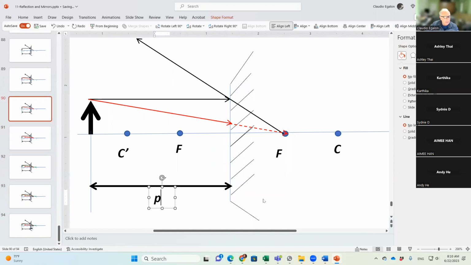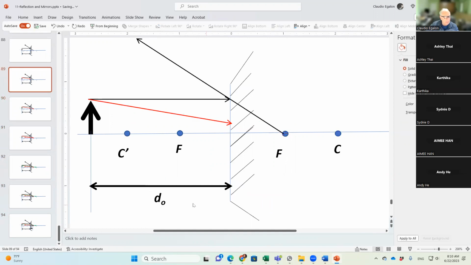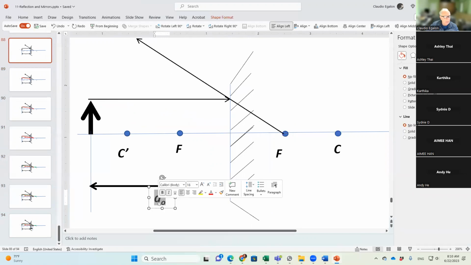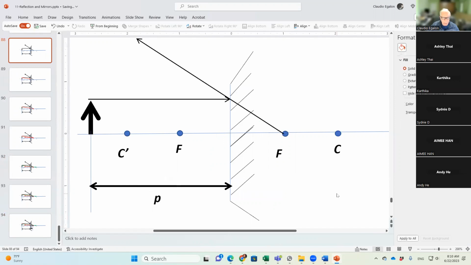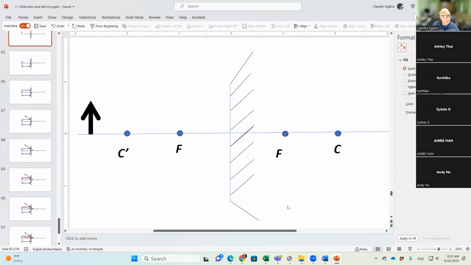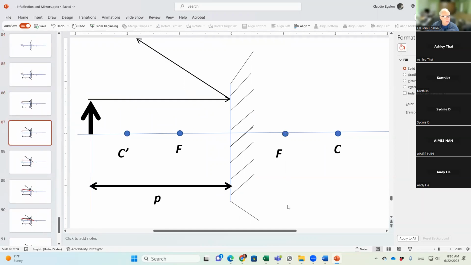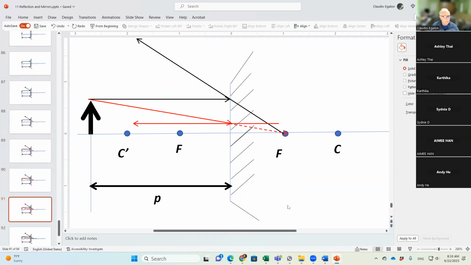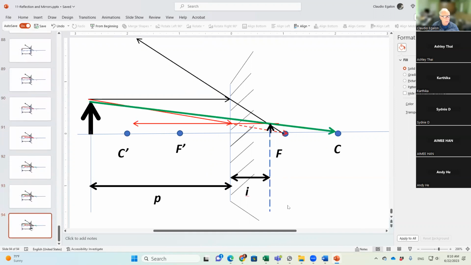P, P. Okay, now you got it. And that's going to be the distance of the image.